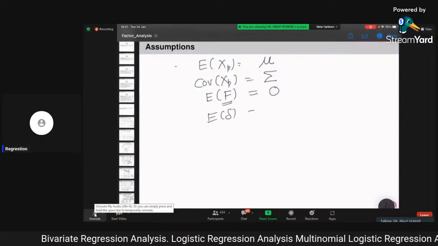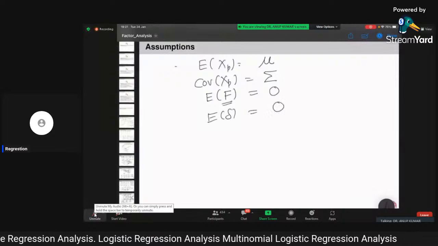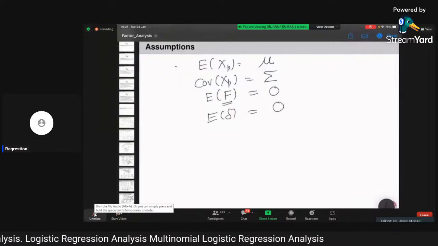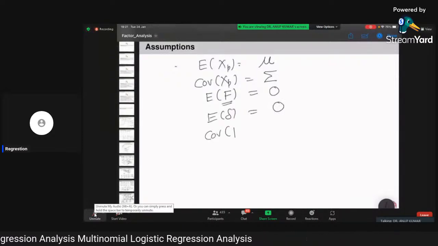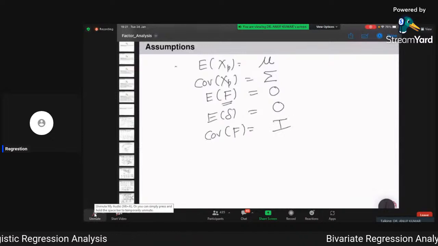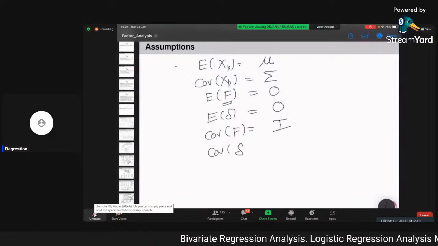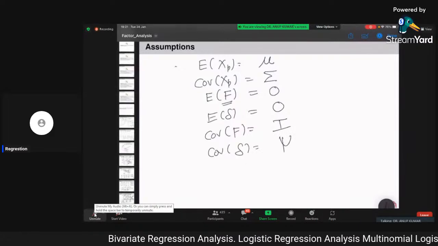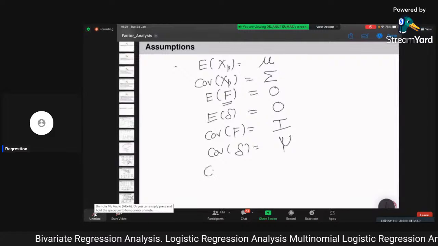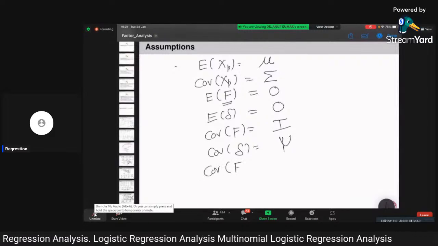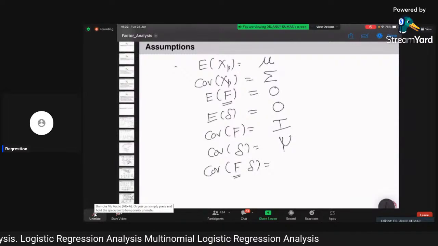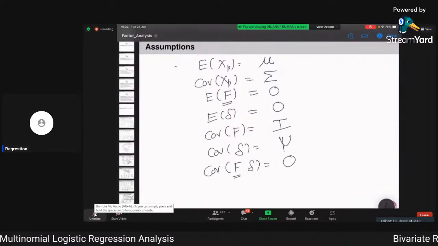The expected value of the error term is also 0, and the covariance of the factors is an identity matrix, meaning they are independent. The covariance of the error term is represented by psi, and the covariance between the factor and the error term is 0.